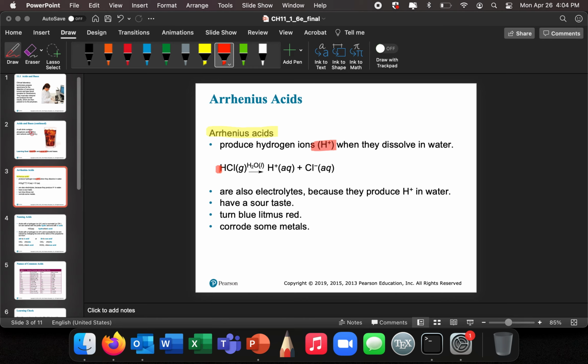For example, HCl, which is a gas in its standard state, when it's dissolved in water, produces H+ ions, hydrogen ions, okay? They're also electrolytes because they produce H+ in water. In other words, they conduct electricity because they have ions in them. They have a sour taste. They turn blue litmus red, and they corrode lots of metals. Okay, not all metals, but they corrode lots of metals.